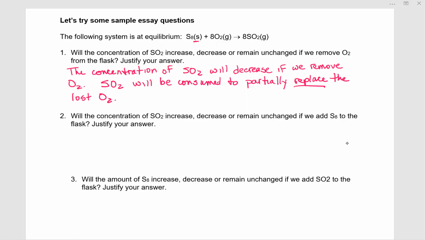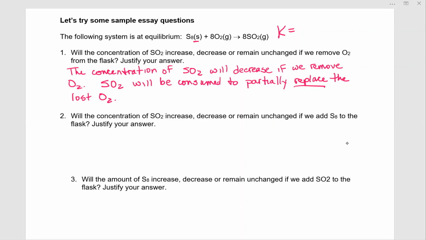Okay, so here's another question. Will the concentration of SO2 increase, decrease, or remain unchanged if we add S8 to the flask? Justify your answer. I'm going to tell you right off the bat, this is a trick question, because I want you to think about what the equilibrium equation is here. S8 is a solid.